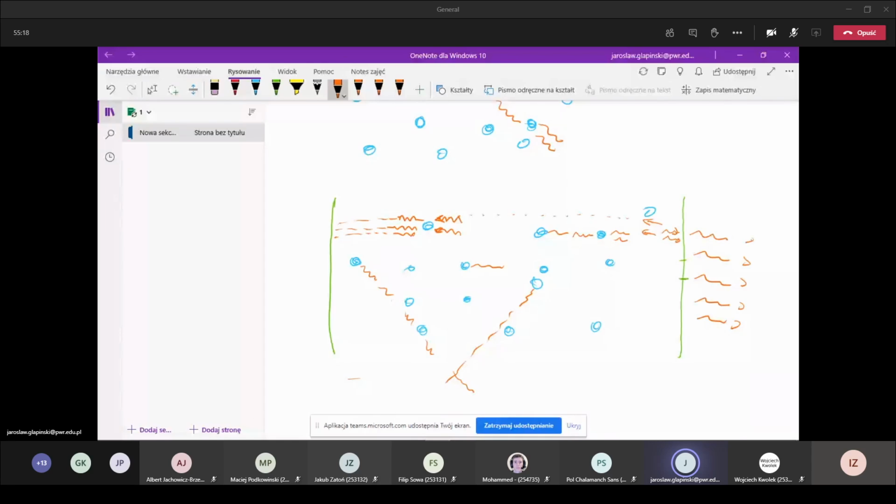Of course, as you can see, they are in the same phase, so they are coherent, they are monochromatic, and they are in one direction. So they are collimated.